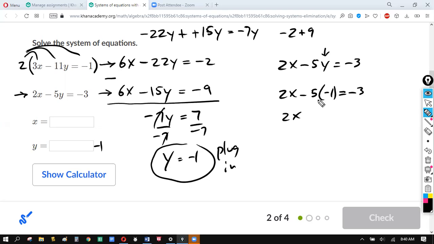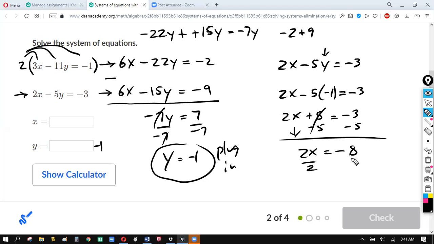All right, 2x, we have negative 5 times negative 1. That's positive 5. And subtracting that 5 on both sides, the 5s cancel. Negative 3 minus 5 is going to be negative 8. And dividing both sides by 2, x is negative 4. And that goes in the box right here.